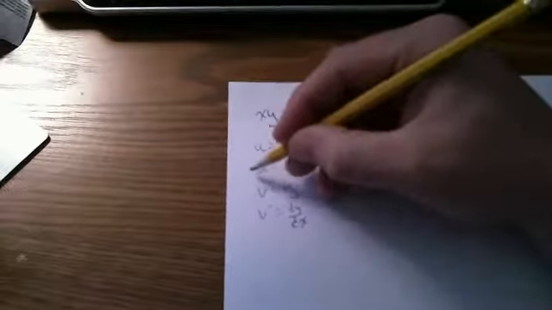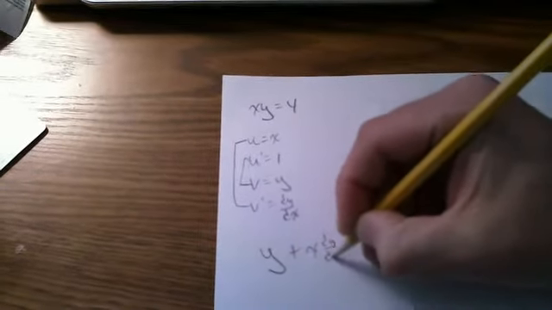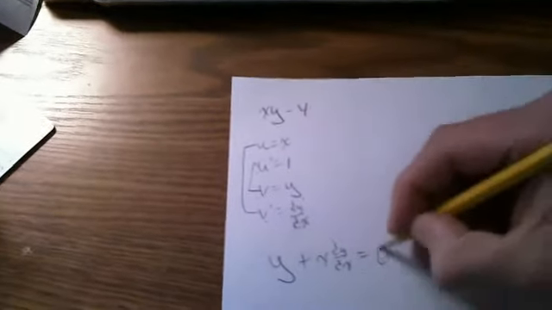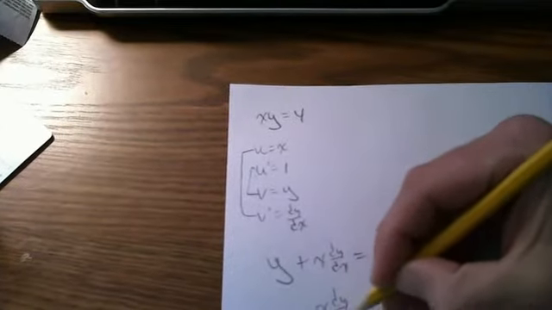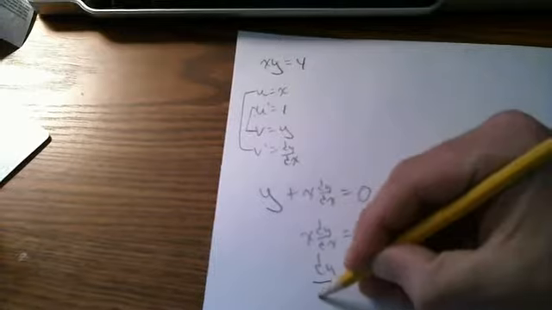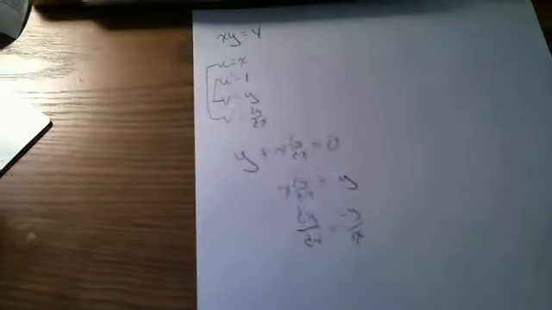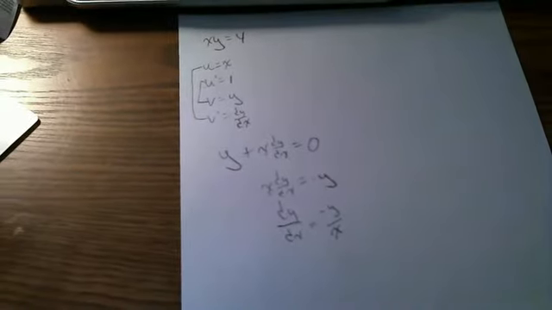So we have u prime v, which is y, plus v prime u, which is x dy dx, equals, that's just the derivative of this. We still have to take derivative of 4, which is 0. Subtract y, and divide by x. So our derivative is negative y over x.